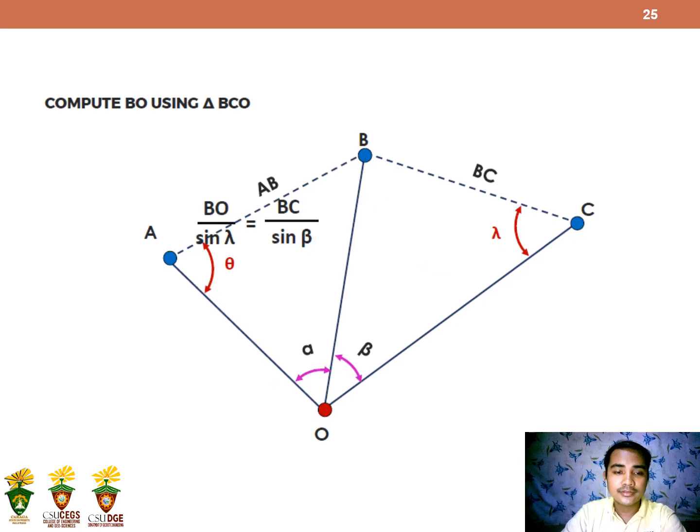So another one, no, is we need to compute also the BO, which is si BO man, side BO man ang ilahang common, no, sa two triangles. So we need to compute again BO, using another triangle, which is the triangle BCO. So sine law, BO opposite angle lambda over sine lambda is equals to BC, which is given, and opposite angle beta.